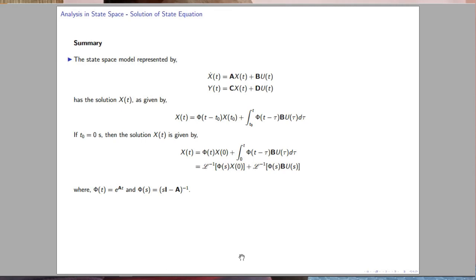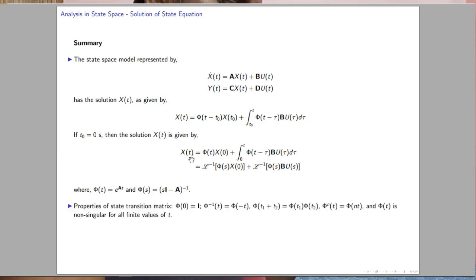Okay. So what we did in this lecture, we understood that if I have a state space model like this, I can get the solution like this. And the new thing that we learned in this lecture is that this phi of t I can represent in terms of Laplace transform. Okay, so the Laplace transform of phi of t is phi of s, it is nothing but inverse of sI minus A. So using this, I can easily compute the x of t.